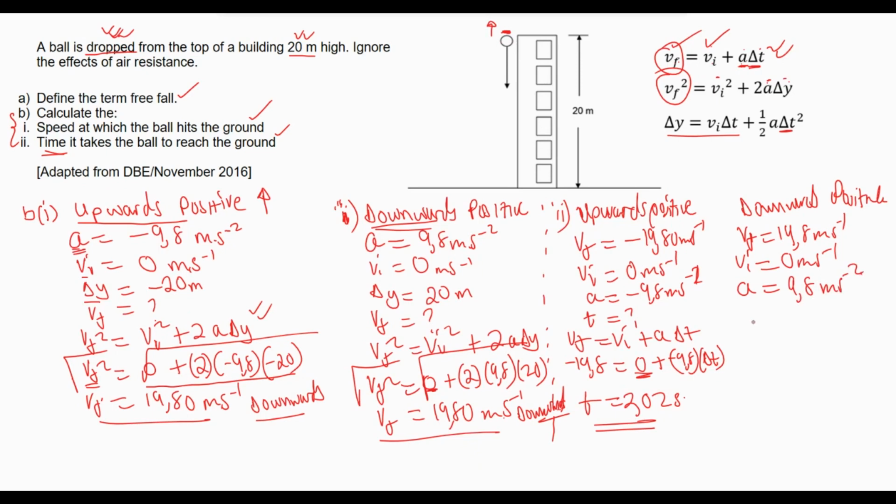And then we're looking for t using the same equation, vf is equal to vi plus a delta t. Alright, we substitute into the formula. 19.8 is equal to 0 plus 9.8 times delta t. Then we divide by 9.8 on both sides of the equation. So t is equal to 2.02 seconds.